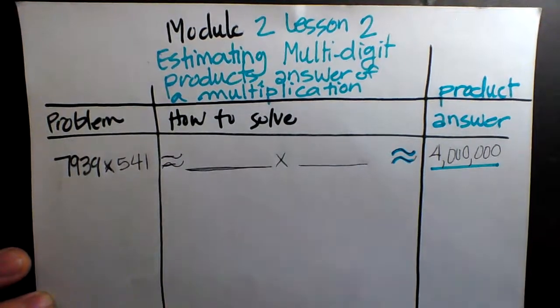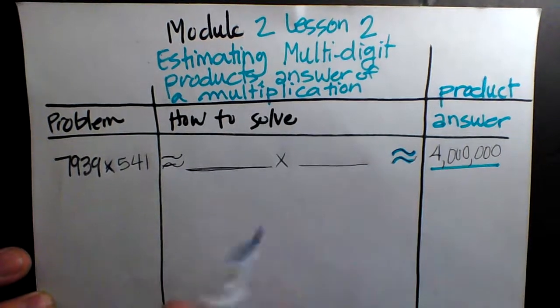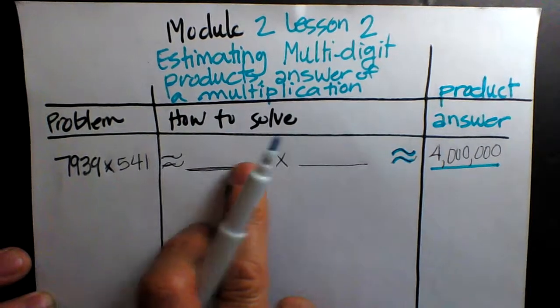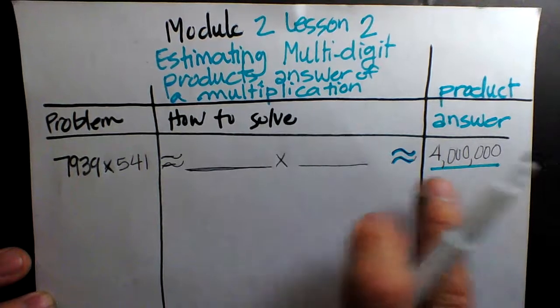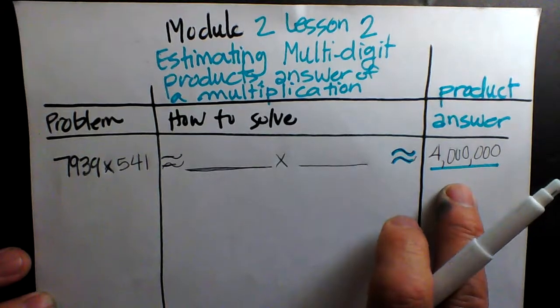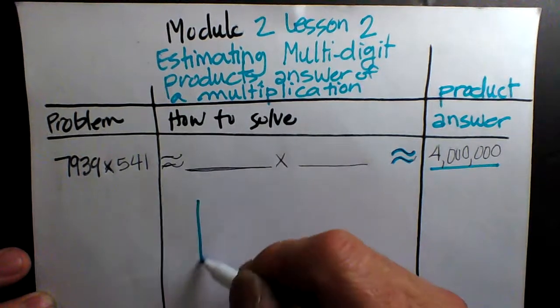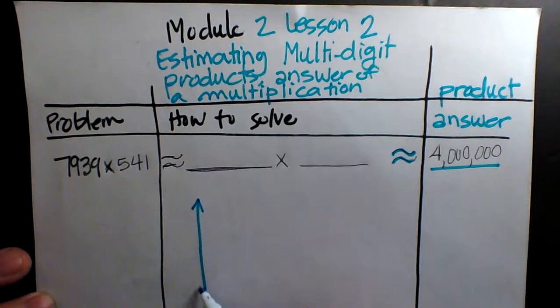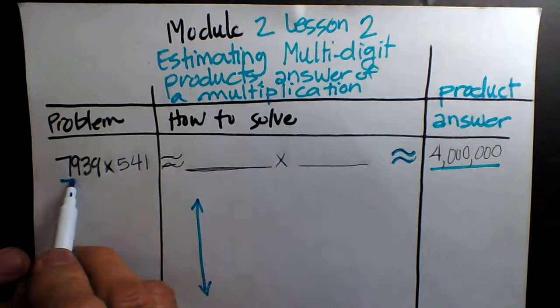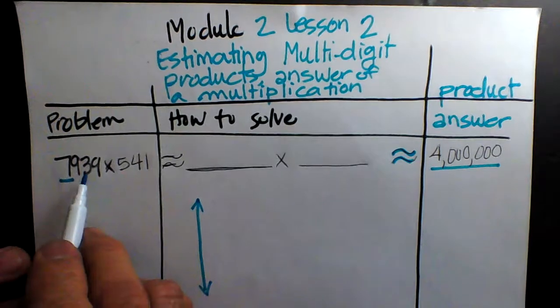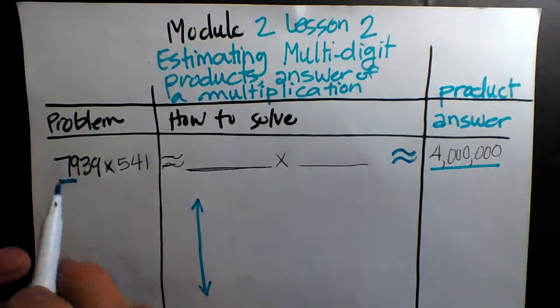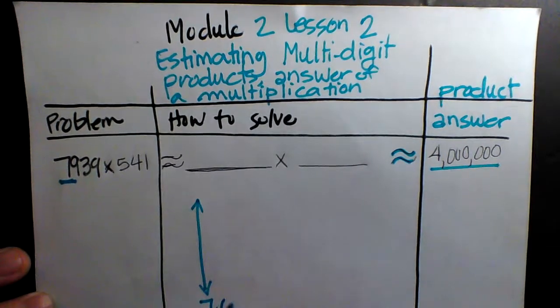Now, the first thing you gotta do is round to find the two numbers that will make this equation true. So, we're gonna do the first one. Let's look at our first number, 7,939. We're gonna round to the nearest thousand. That's gonna be 7,000 here.